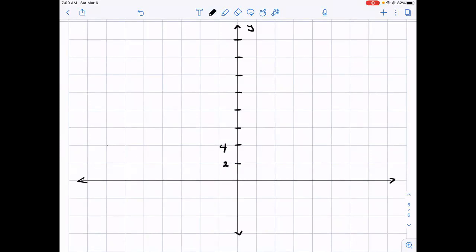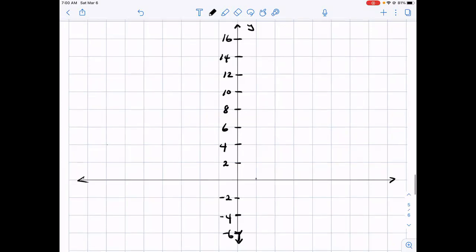So let's put multiples of 2's just so that we can have enough room to graph them. So here is -2, -4, and this will be -6 if I have to. And then here we have 2, 4, 6. Here we have -2, -4, -6.